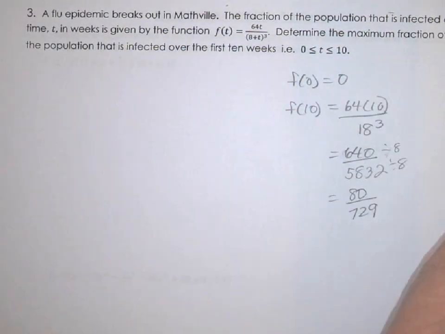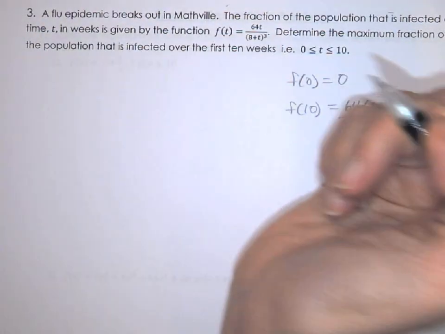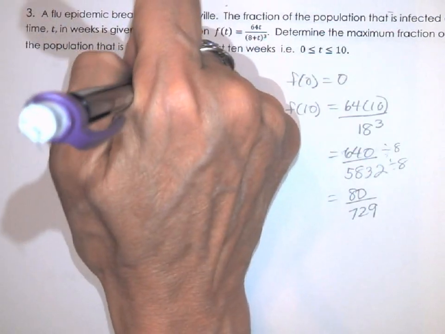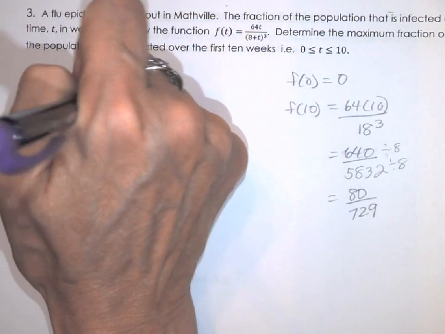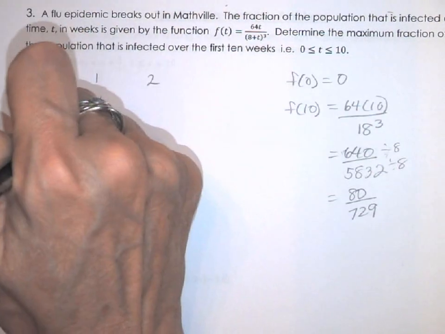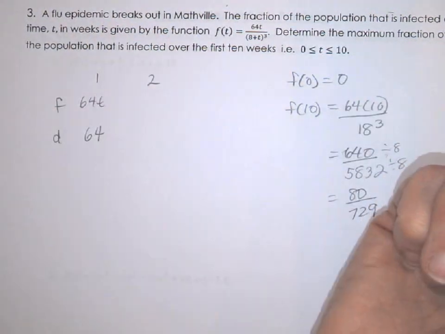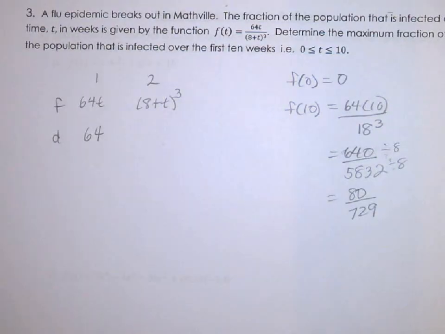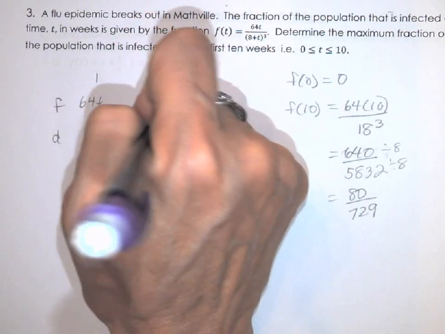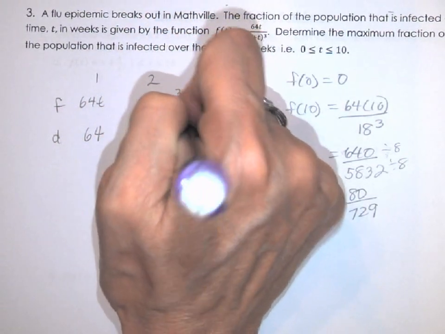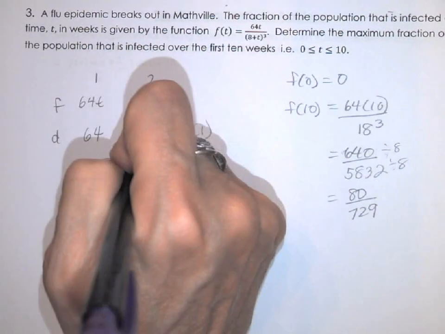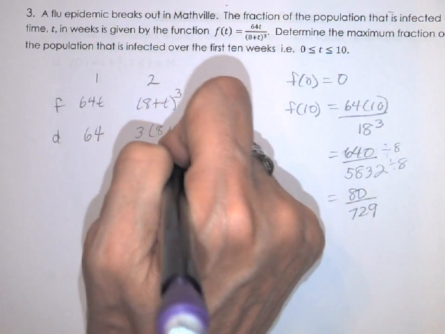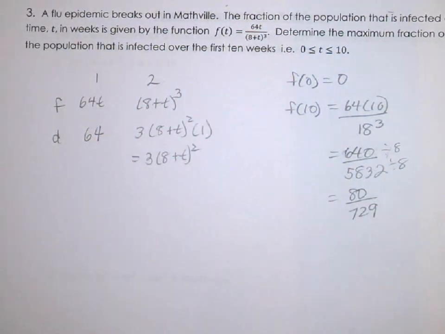And then we have to do our derivative. So this one's going to require us to do the quotient rule. So our first function is 64t, and its derivative is 64. And then our second one is 8 plus t to the power of 3. And its derivative would be 3 times 8 plus t squared times 1, which is just 3 times 8 plus t squared.